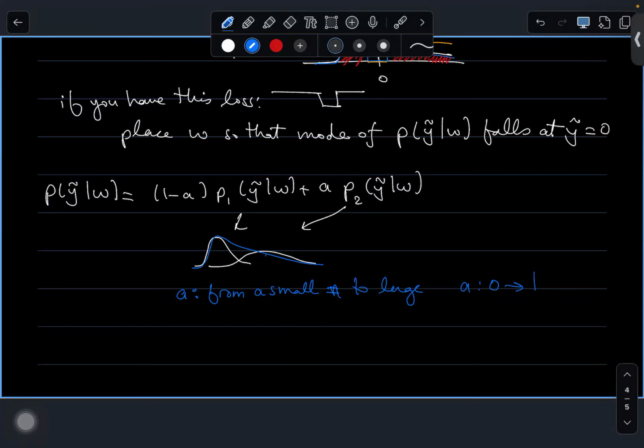The mode starts here when A is small, and then as I increase A, it's going to move over to the right. It's going to look like this. A large, A small. So as I change A, the person is sitting there with their finger, and the P's are coming out of their fingers, and they're going to move it so that they find the location where most of the P's are going to go inside the bottle.